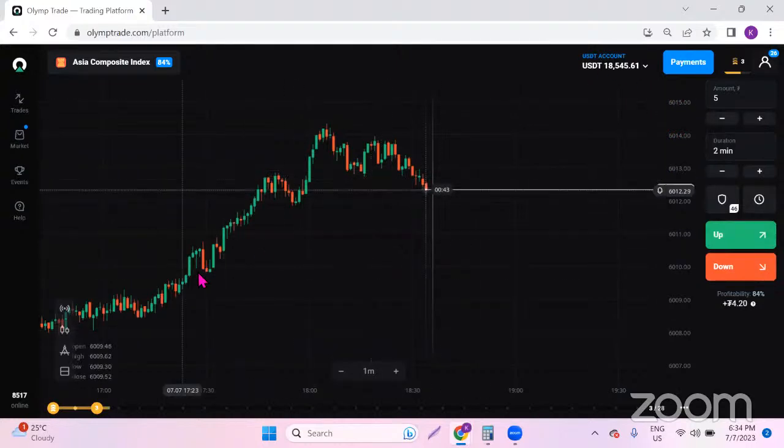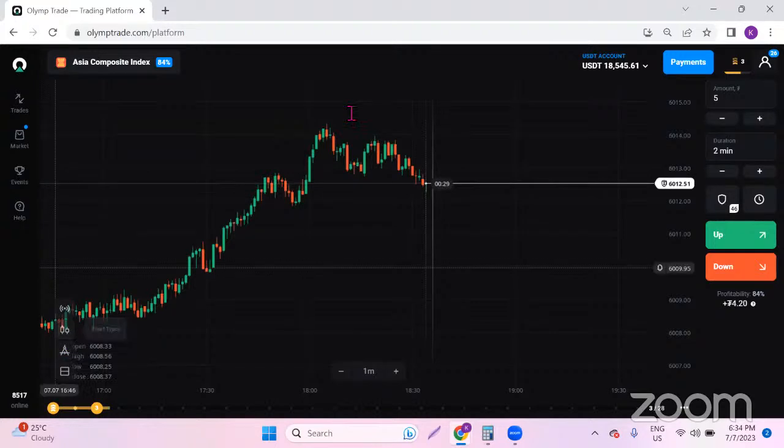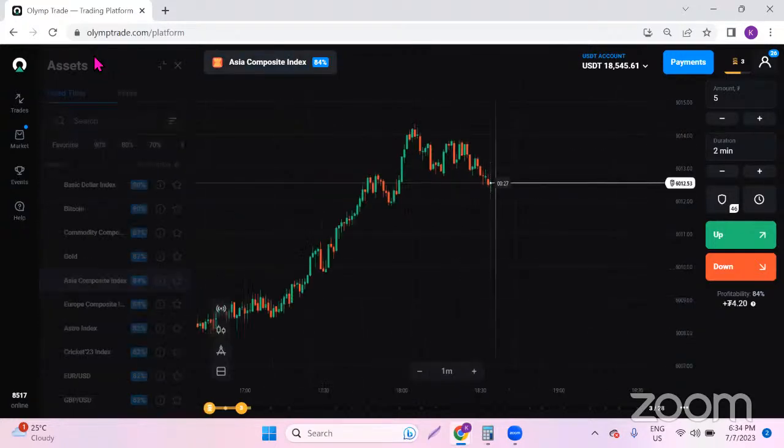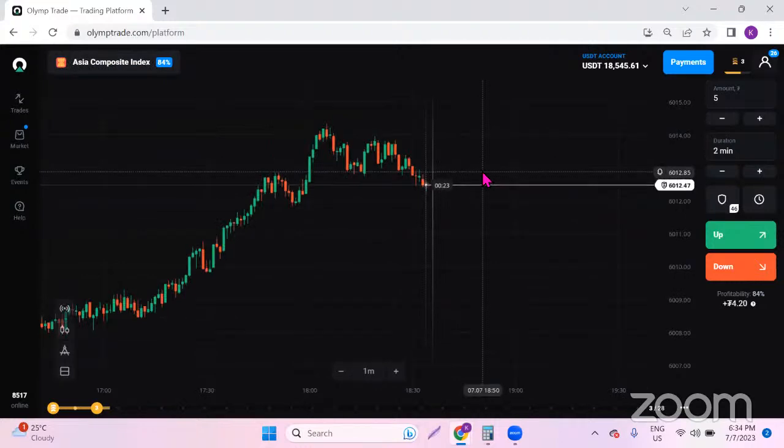And we have our main part, which is the terminal. Here the A kind of symbol, also known as technical analysis, is where we find our strategies and indicators. We can change the graph from here, and the assets can be changed from here.